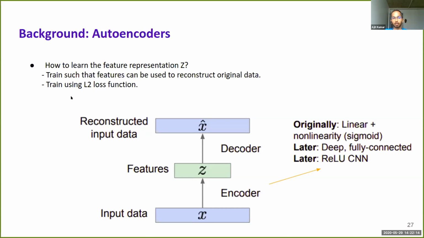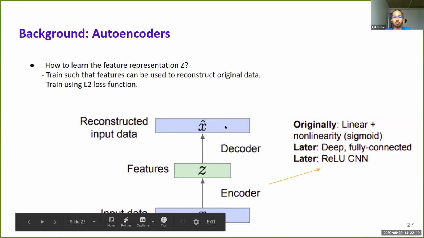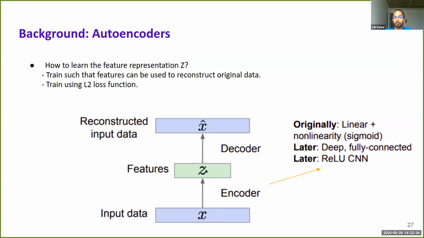So how do we actually learn this latent representation? We can do it by training a model like an encoder and decoder, where the encoder is going from the original X dimensions to the Z dimension, and the decoder is going from the latent Z dimension and trying to reconstruct the original input data.